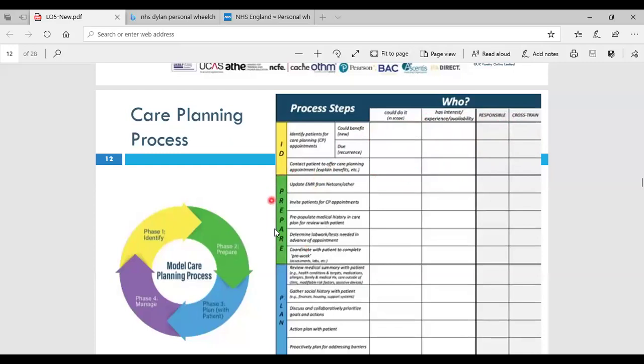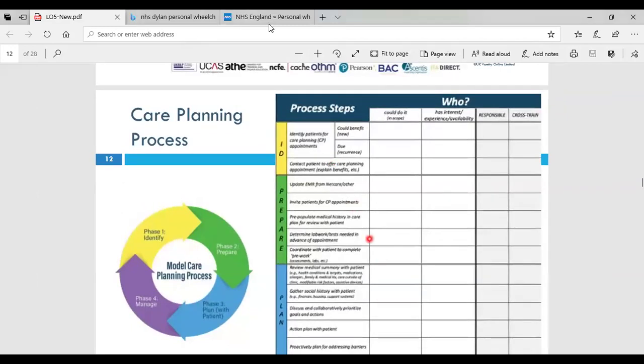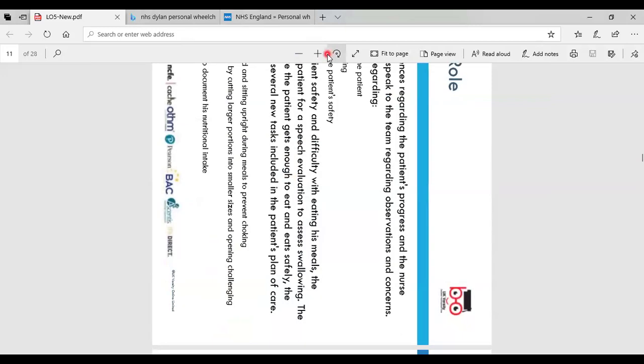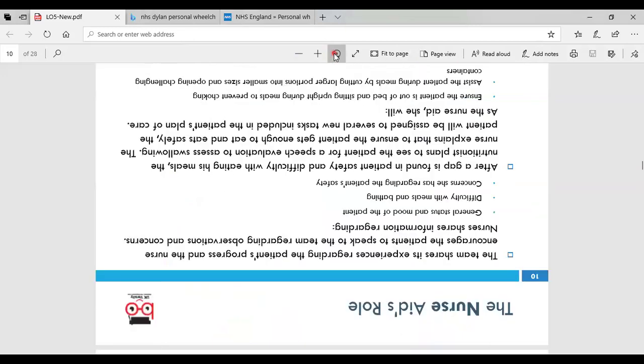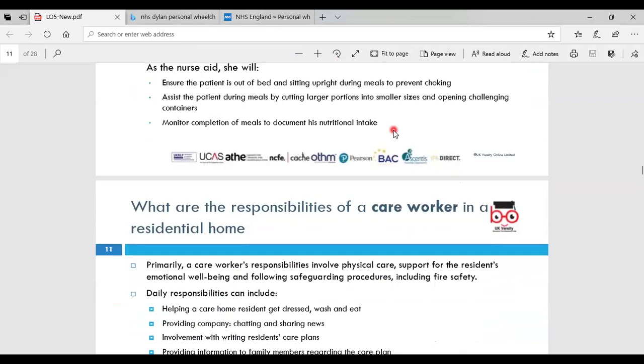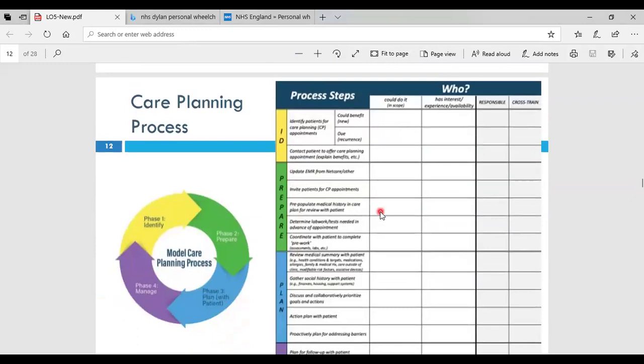And then you prepare. So the next phase after identification is preparing. So you prepare several things. I'll just make it a bit bigger for you to look at. So in the preparation, you're updating different kinds of procedures.